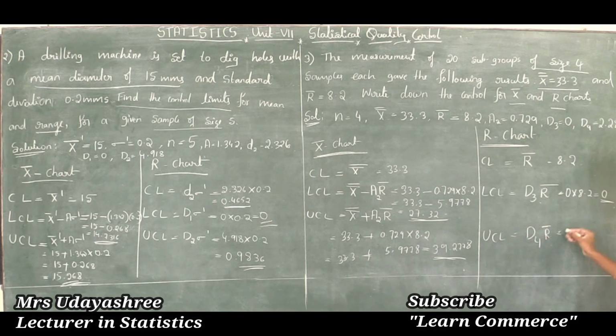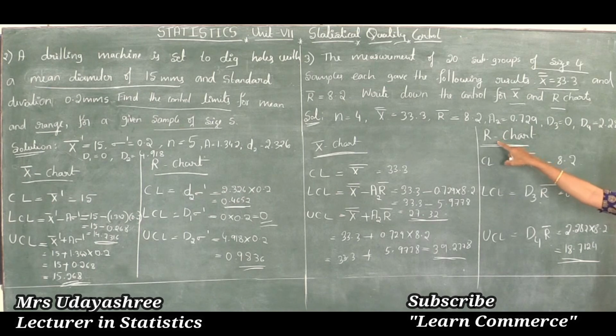So here D4 is 2.282 into R bar. The R bar value is 8.2. This is equal to 2.282 into 8.2. That value is 18.7124. See, these are the calculated control limit values of the R chart in the standard unknown case.